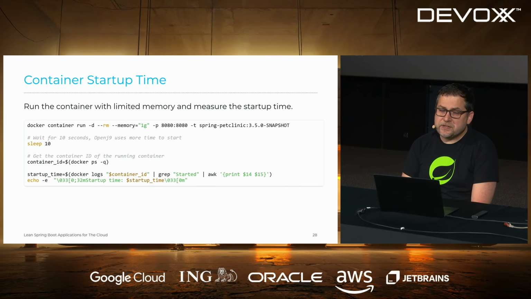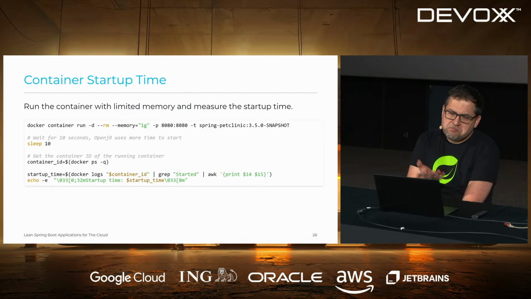When I measure the startup time, you can start your Spring Boot application, and it will tell you how much time it used to start up the whole thing. So you can parse that out if you want to.